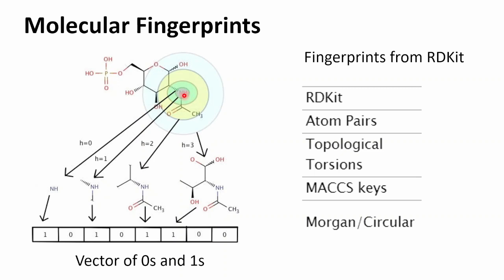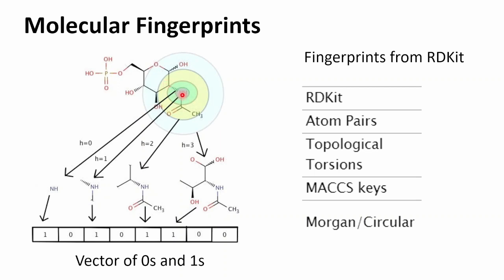For instance, let's say in this vector the first position is reserved for NH, and you see NH over there, so you put in a 1. If you don't see something, it'll be a 0. And this position is assigned to something we don't have in this molecule, so this is a 0. And the radius decides how many atoms further you are looking into.